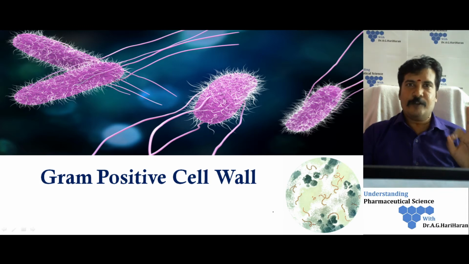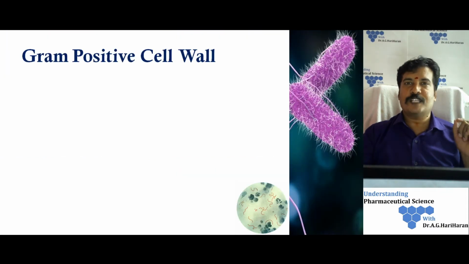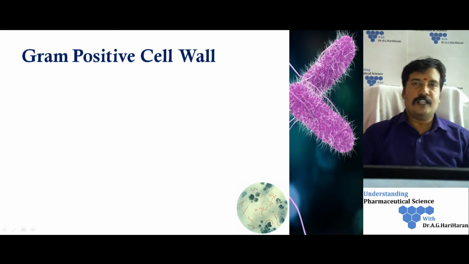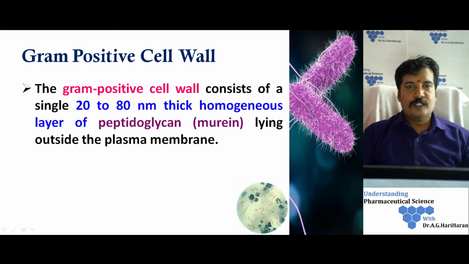Let us have a quick overview of the gram positive cell wall and gram negative cell wall. Then we can understand the chemical nature of both the cell walls. The gram positive cell wall is majorly composed of a homogeneous layer of a chemical called peptidoglycan, otherwise we can call it murein.